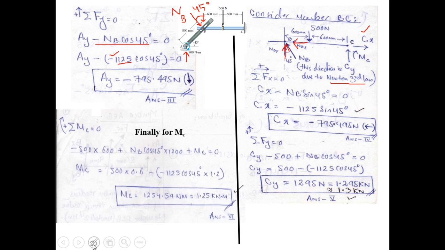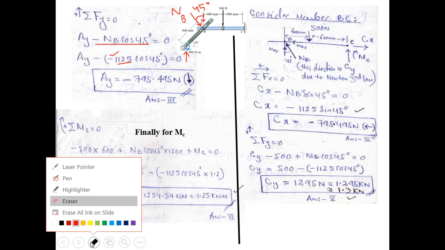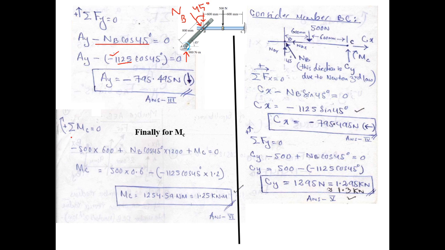So let us now sum the moment of these forces about point C, and this 500 newton force is exerting an anti-clockwise moment about point C with a moment arm of 600 millimeters. So you can write a negative moment with this force.